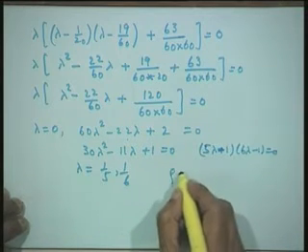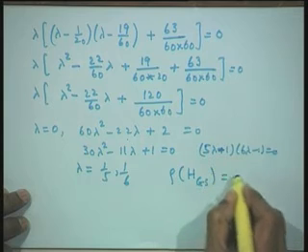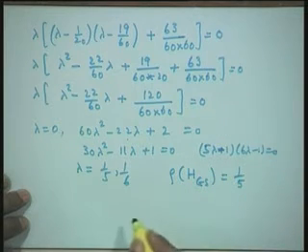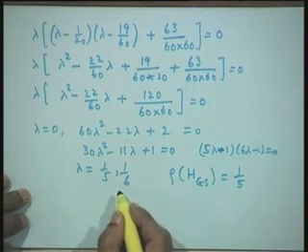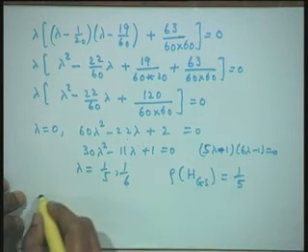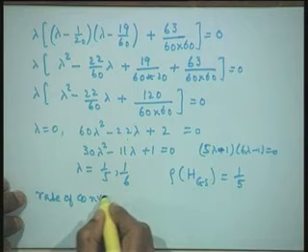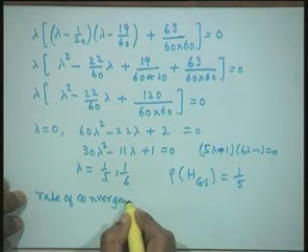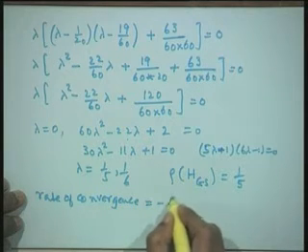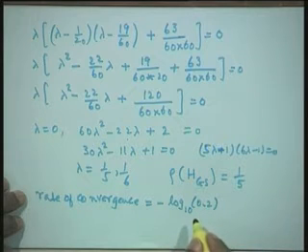Therefore, the spectral radius of H Gauss Seidel is 1 by 5, the largest of these two, that is 0.2. Therefore, the rate of convergence is equal to minus log of 0.2.